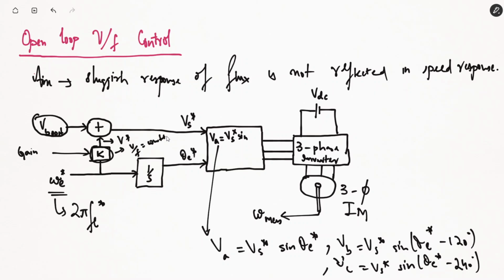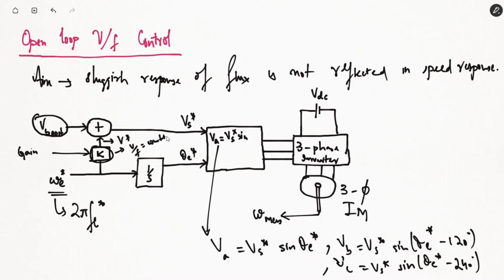So accordingly we are obtaining the reference values of Vs and theta I, and from those two reference values we can calculate the three-phase voltages Va, Vb and Vc. Va is Vs sine theta I, Vb is Vs sine theta I minus 120. So we have obtained the three-phase voltage.